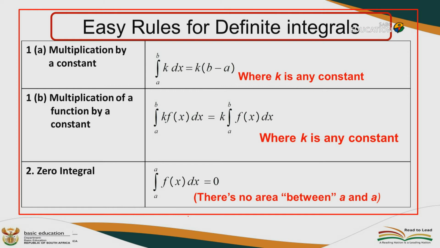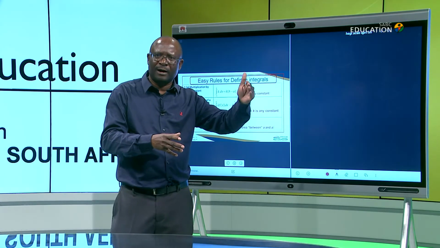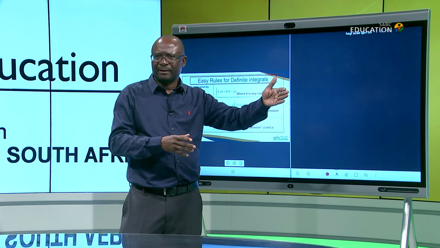Now, if ever your constant is multiplied by a function, here we have got two things that we are supposed to do. Firstly, we are going to factor out the constant k. After factoring it out, we do the formal integration process that we have learned in our first lesson.